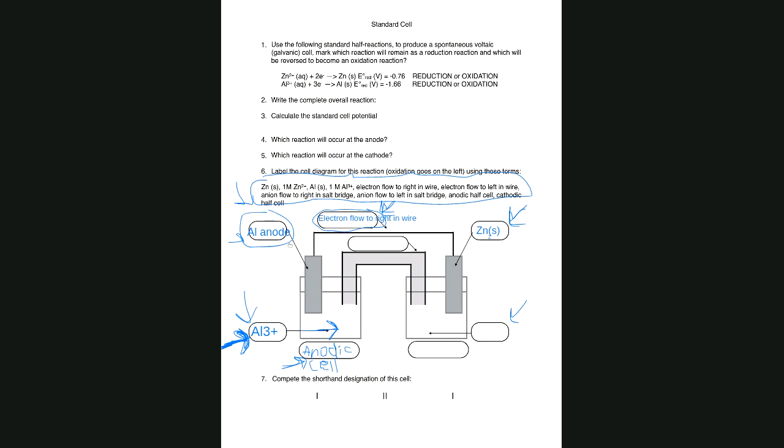Imsada, would you please type in the box here what you would call that from this list that you have above? Aha, thank you. So we've got 1 molar zinc 2 plus in the solution down there.